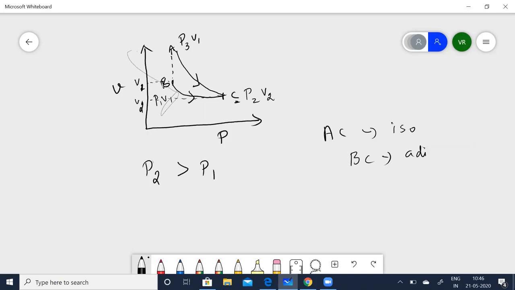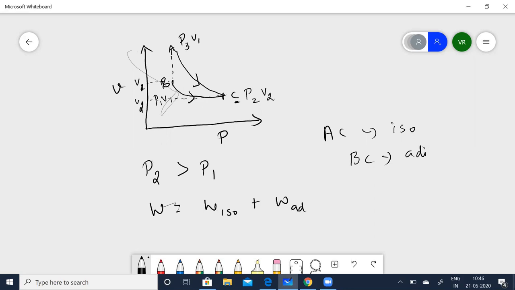What is going to be the total work done? Total work done is W, equal to work done by the isothermal process plus work done by the adiabatic process. Work done is specified as the area under the curve.